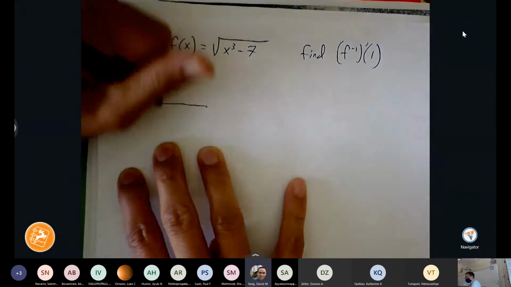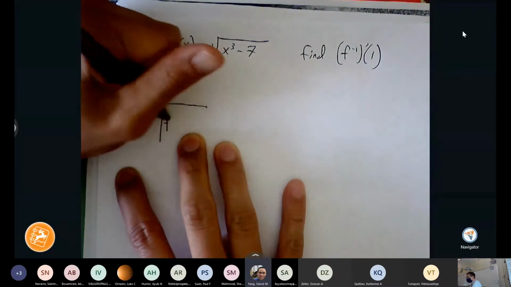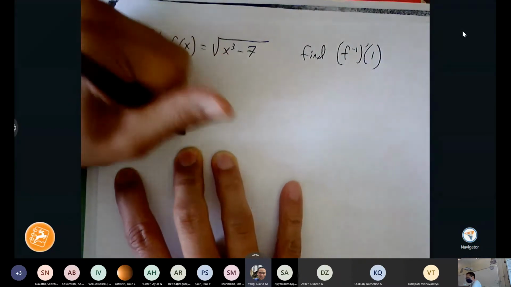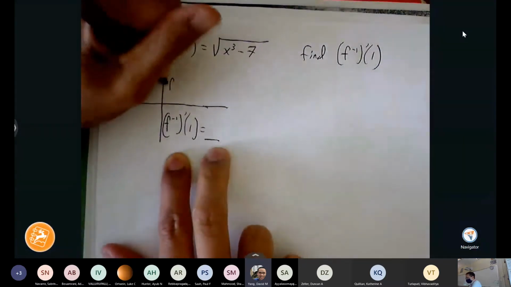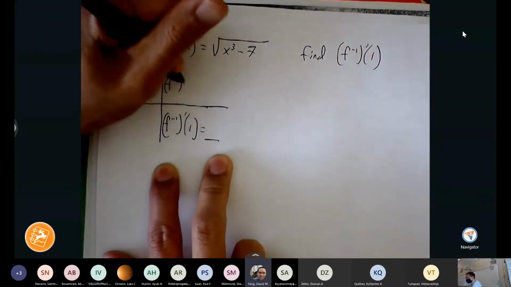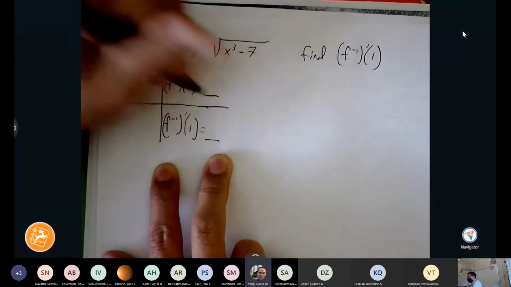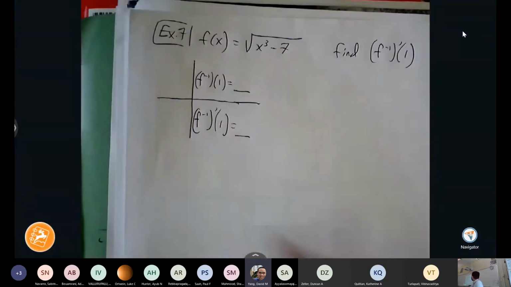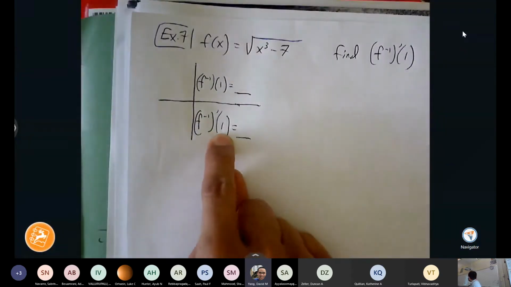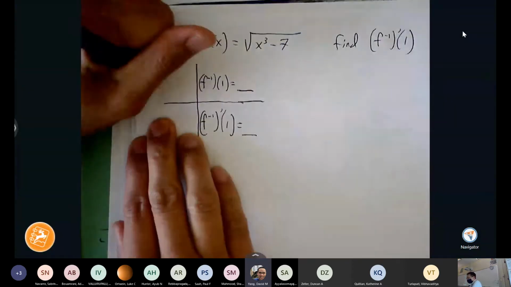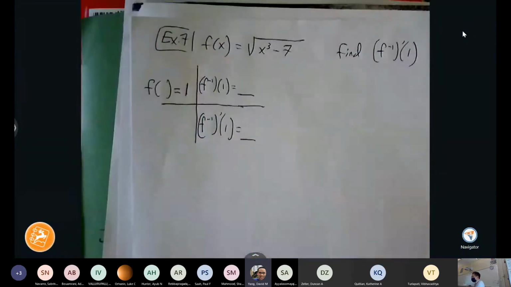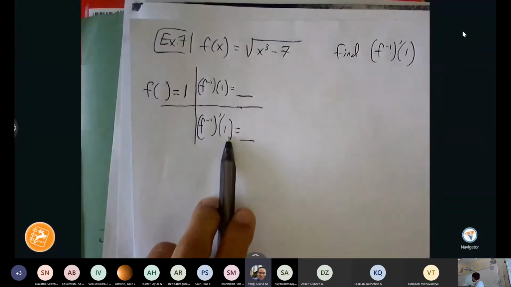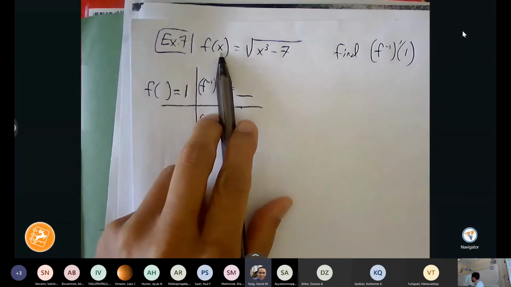Here's my chart. Help me organize my information. My ordered pair on the f inverse side of things. But we know that the 1 is really a disguise for the y value, right? So I know that it's going to be f of some x value being equal to 1. So take whatever number they give you, put it in the y position of your function.